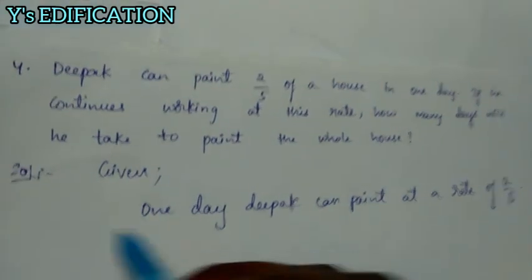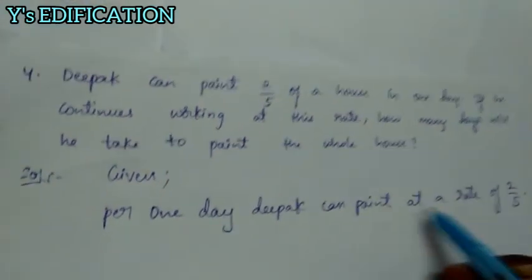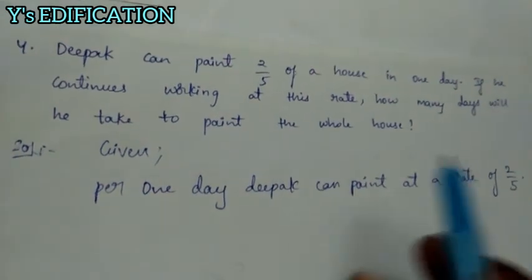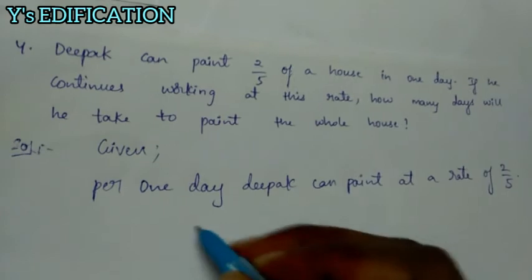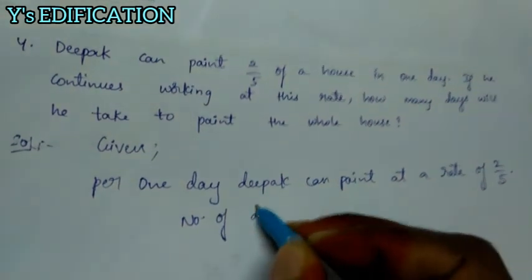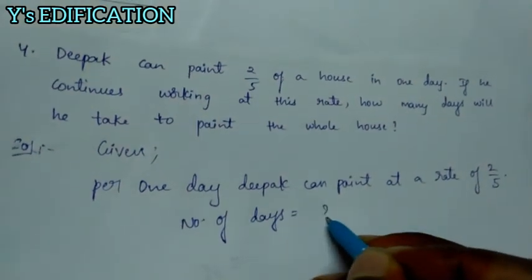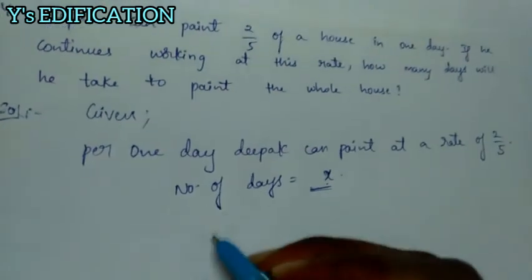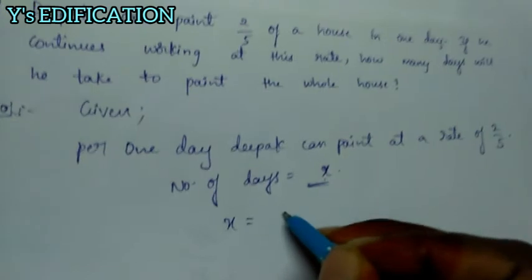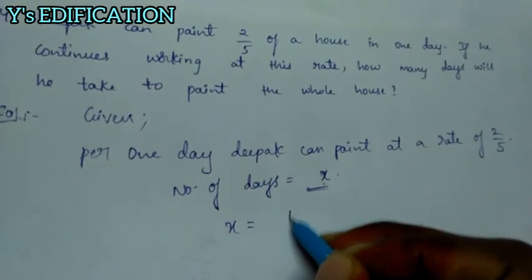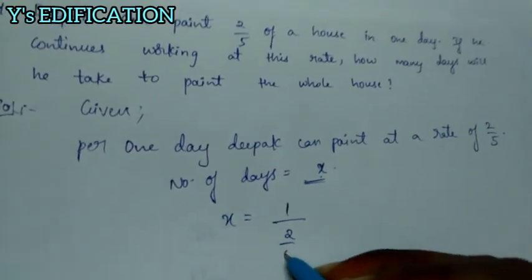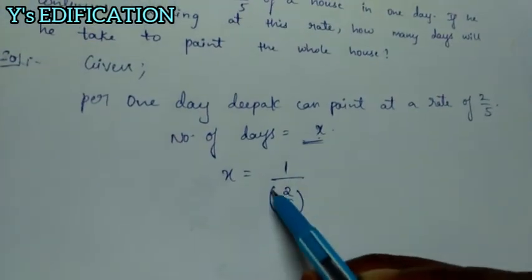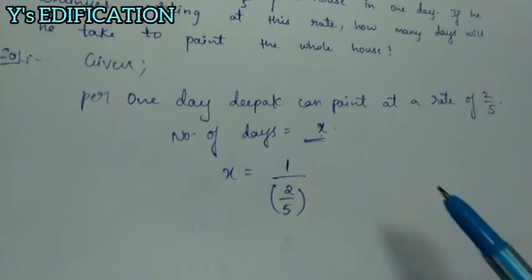If he continues at this rate, how many days will he take to paint the whole house? So number of days is equal to x. We have to find this x. So x is equal to, per one day he will paint 2 by 5 part of the house. Got it? For one day he will paint 2 by 5 part of the house.